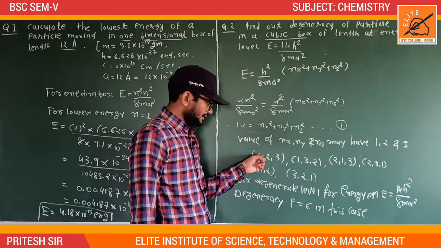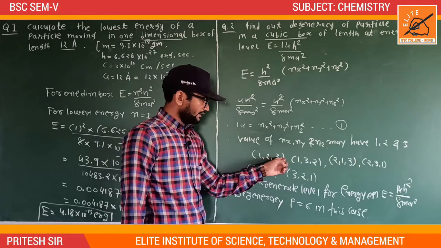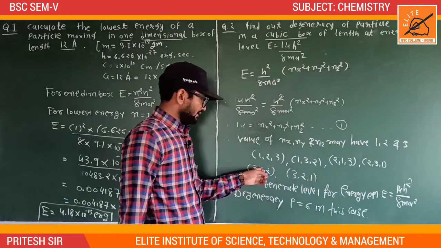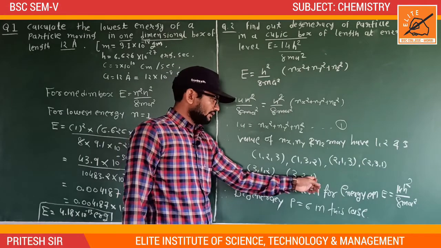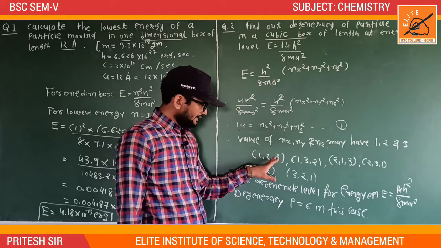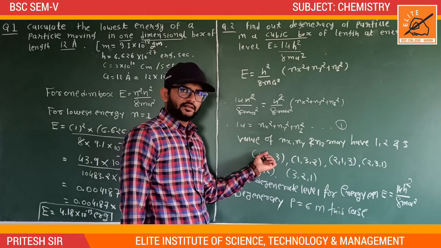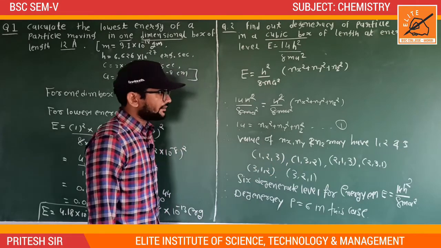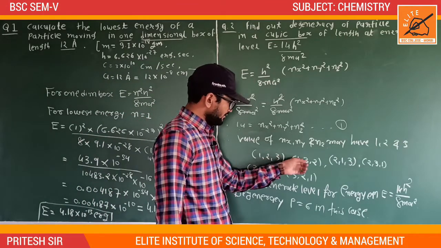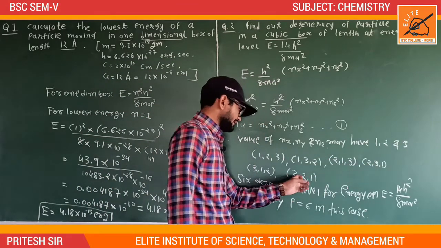Here the values of nx, ny, nz are 1, 2, 3; 1, 3, 2; 2, 1, 3; 2, 3, 1; 3, 1, 2; and 3, 2, 1. Out of 6, no two are the same. So total degeneracy is 6.